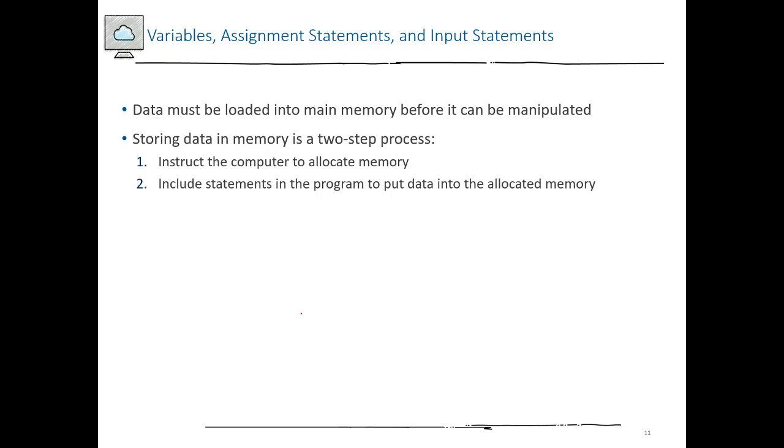When you declare a variable, you're pretty much telling the computer, hey, I want this much memory, 4 bytes of memory reserved for the data that will be coming into this variable, a kind of a container. So you cannot just simply put information wherever you want. It has to go into memory, and it has to go into the memory at a certain address location.